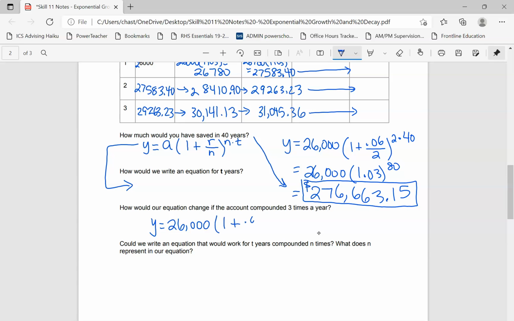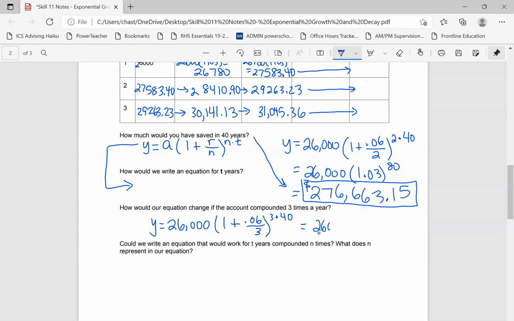it would look like this. And I'm just going to do all this on a calculator. I'm going to assume at this point you know how to do this. And then we would multiply that by the 26,000. This gives you a really big, oh wait, no, it wouldn't be what I had. Sorry, 0.06 divided by 3 is going to give you 1.02.